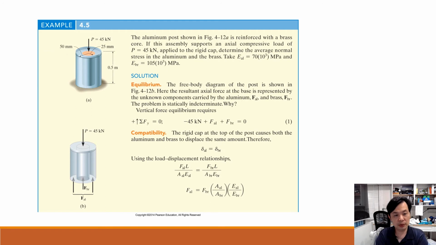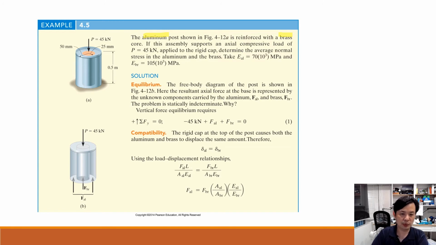Okay, let's go to example 4.5. This is an aluminum post reinforced by a brass core. In this post, the external silver part would be aluminum. This orange, or a little bit red, part would be the brass core, of course a little bit stronger.